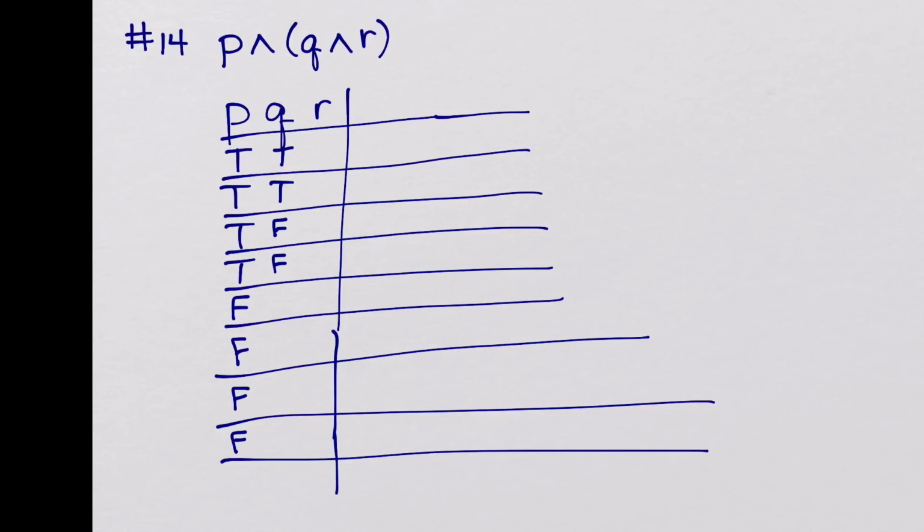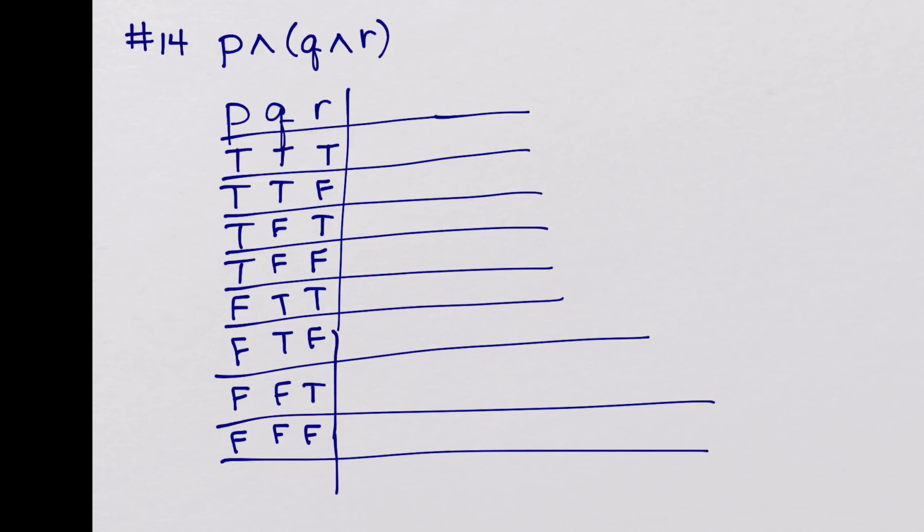And again, this is all with a design towards getting every possible pairing, or triple, I guess we should say, because we have 3 variables. Okay, so now every possible pairing of P and Q is doubled, and that's because R is going to alternate, and now we have true, false, and this gives us every possible combination that we have with P, Q, and R.